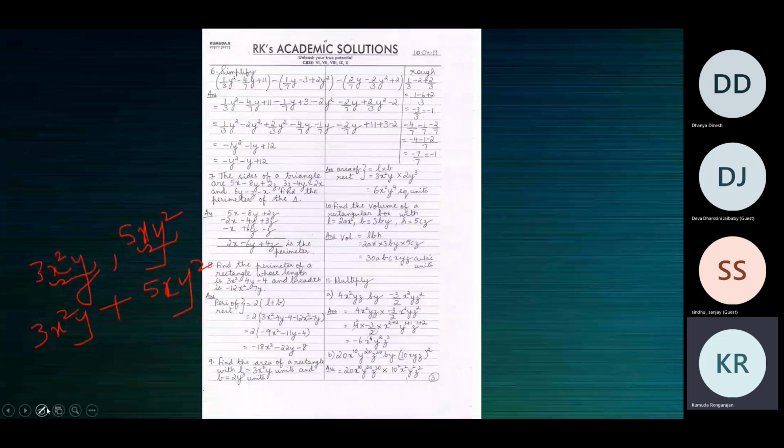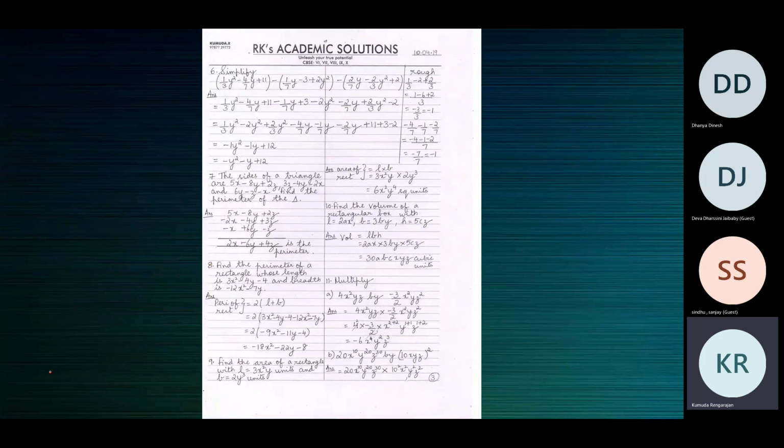Let me show you. We need to multiply y and y to the power 3. The bases are the same, the base is y. Y means y to the power 1.